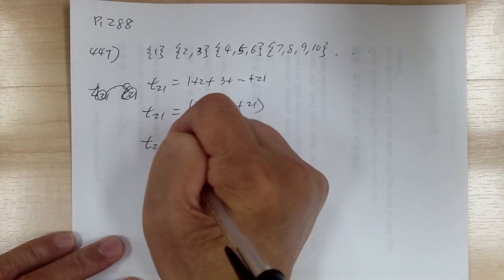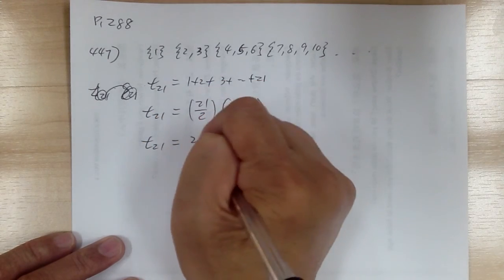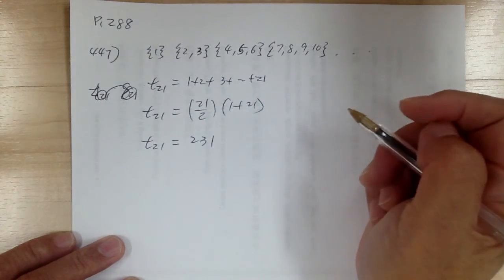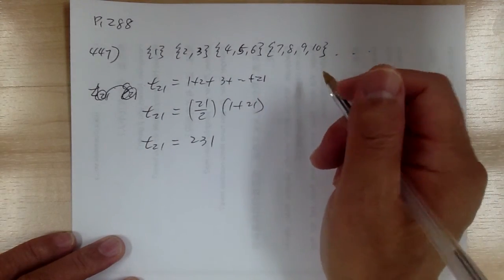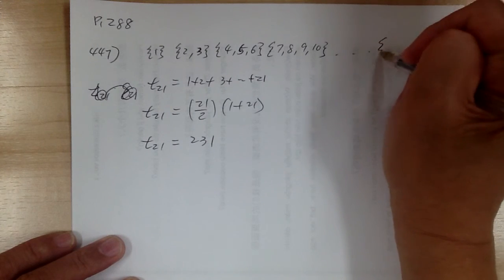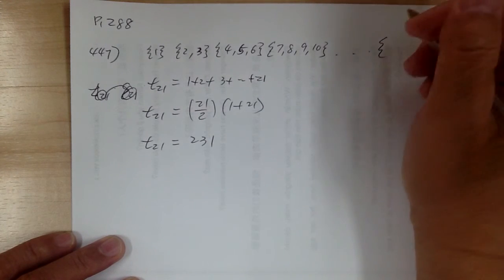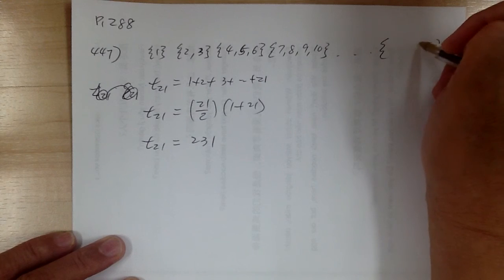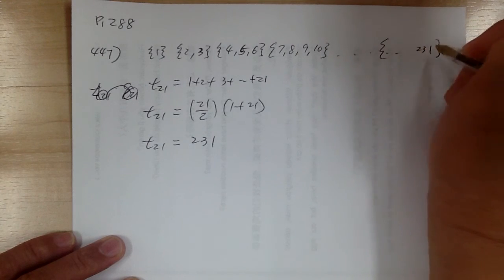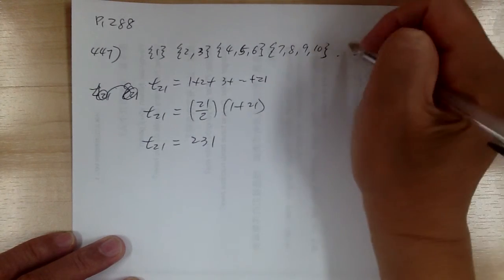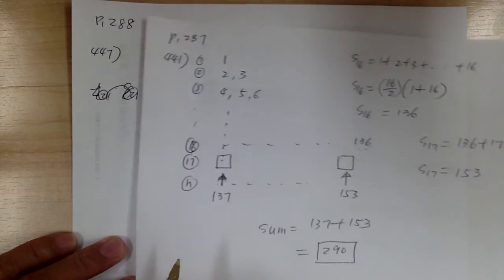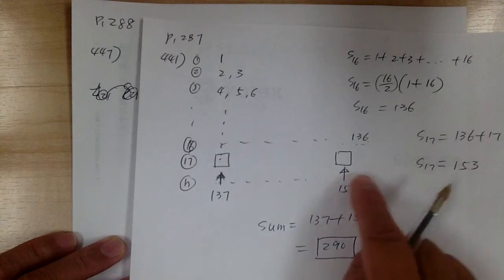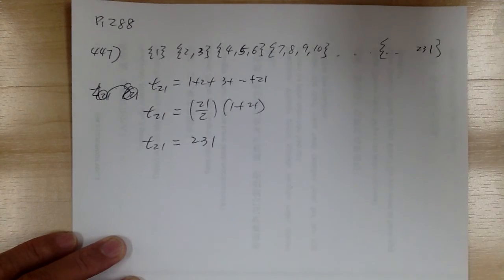So T21 will equal 231. And just like the last one, we need to also find T20. We need to find the one before so we can get this one here.